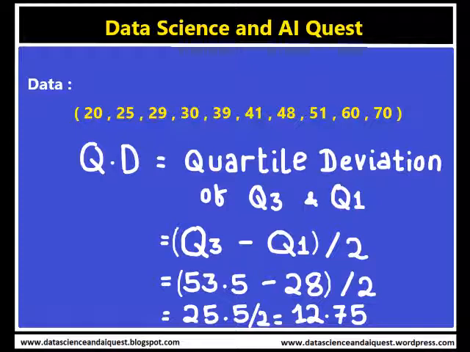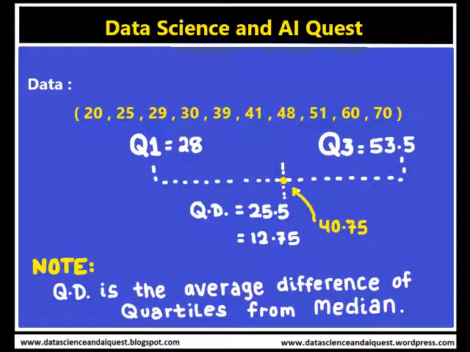Subtracting 28 from 53.25, we get 25.25, and this divided by 2 gives 12.75 approximately. So one can see that the average distance between Q3 and Q1 is coming around to be 12.75.